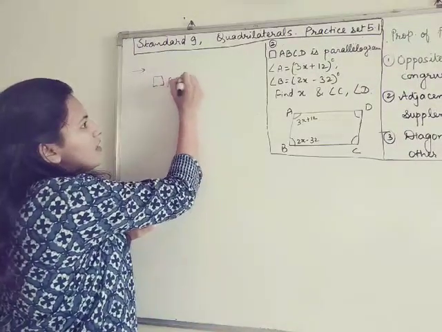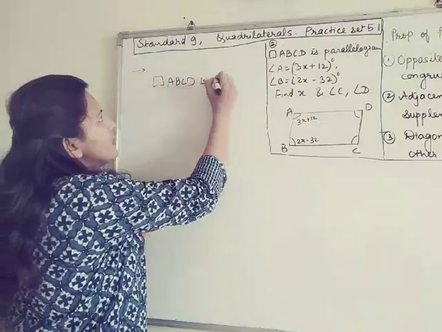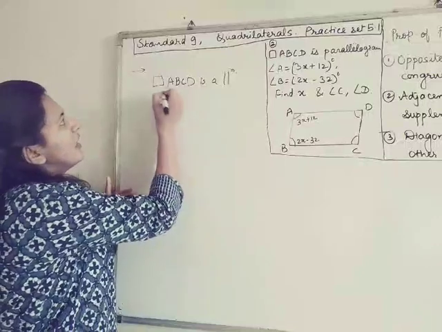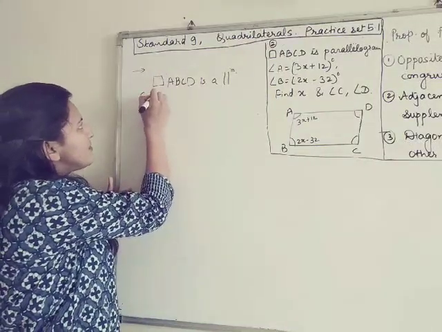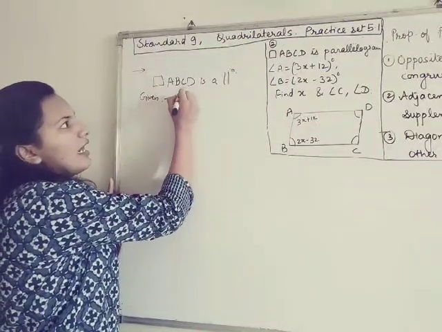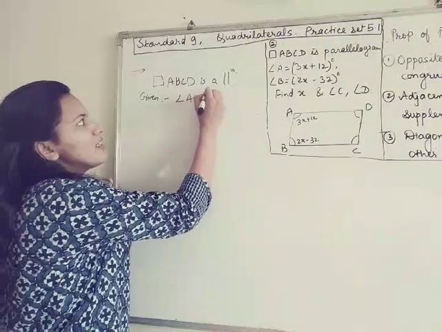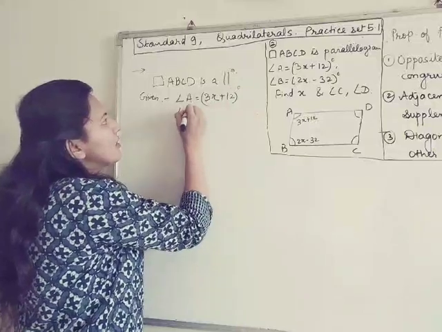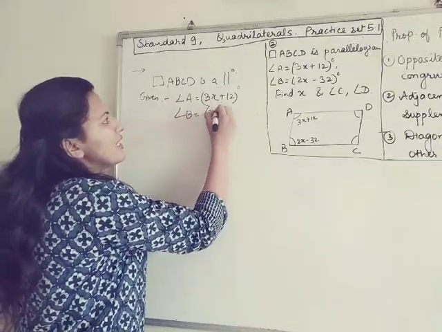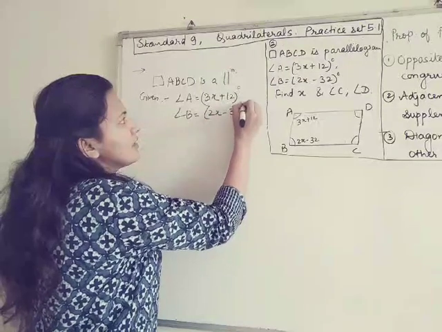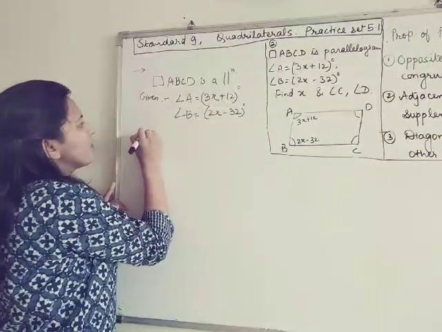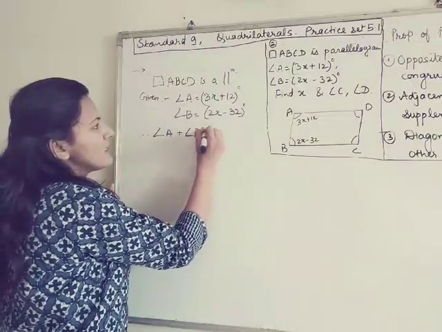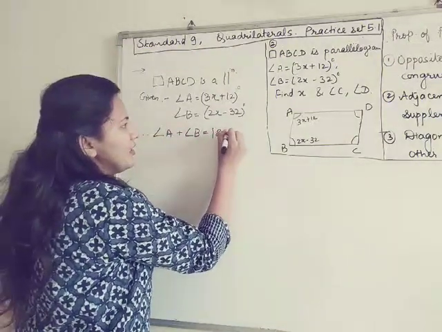ABCD is a parallelogram. Okay, so what is given? Angle A is 3x plus 12 degree. Angle B is 2x minus 32 degree. So we are going to add: angle A plus angle B is equal to 180.